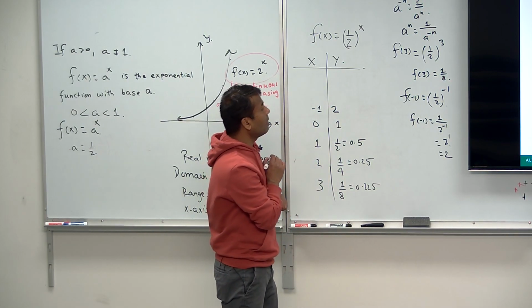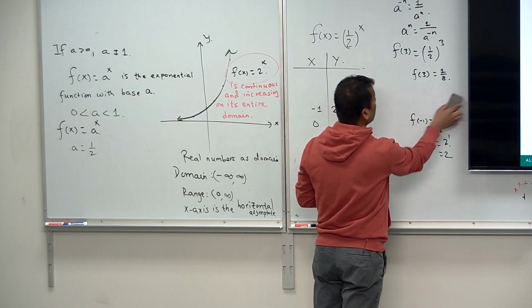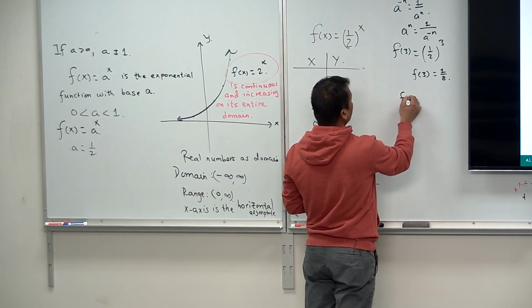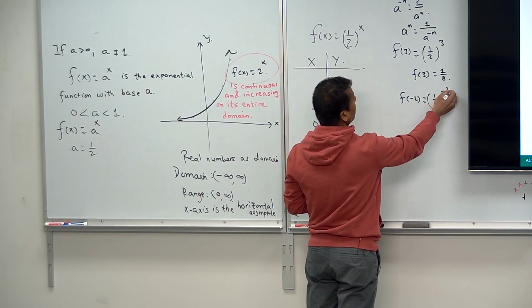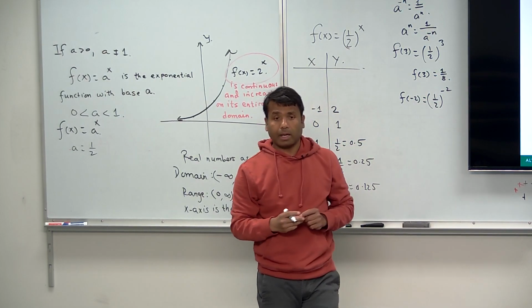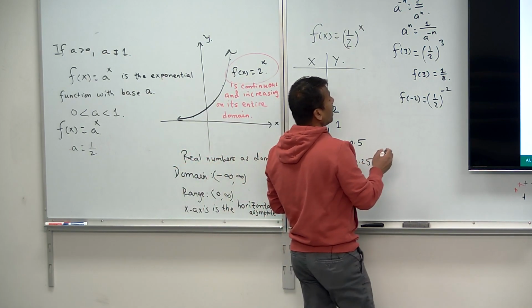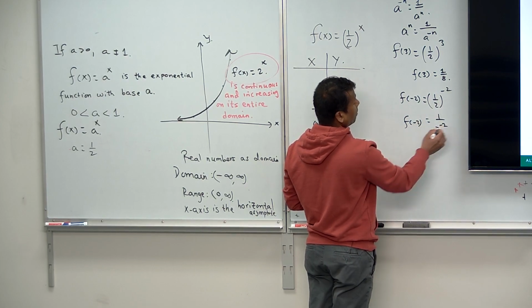See that? And then if you plug in x equal to -2, f(-2), you have a half raised to the power -2. This is the same as 1 over 2 to the power -2.